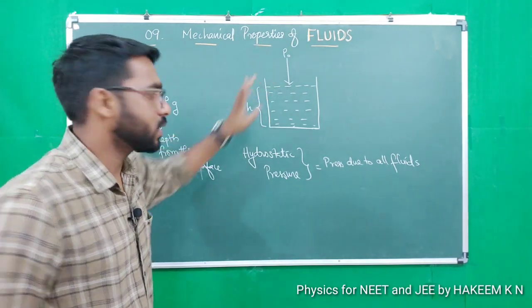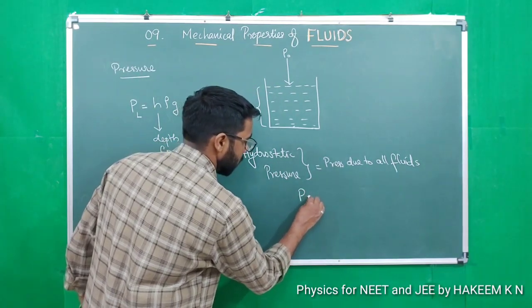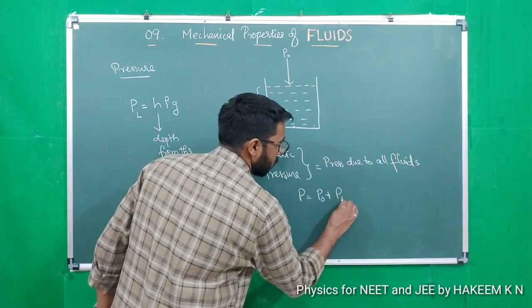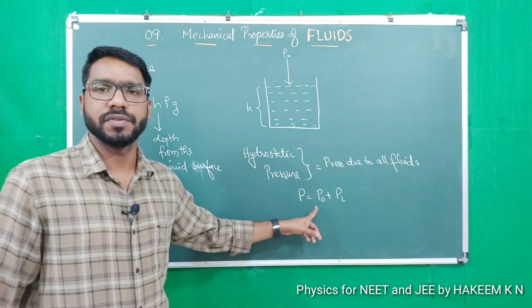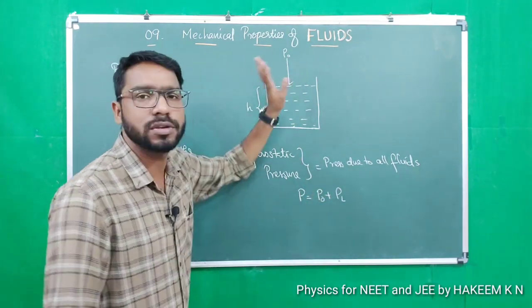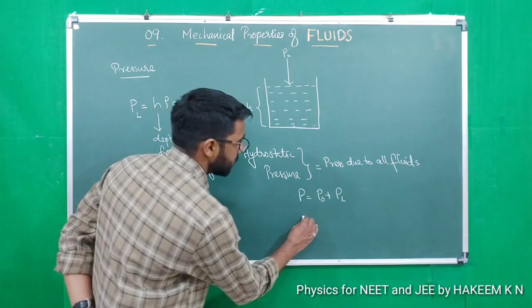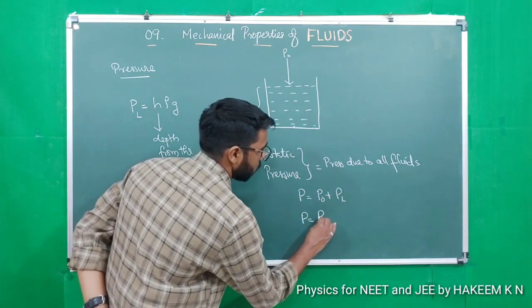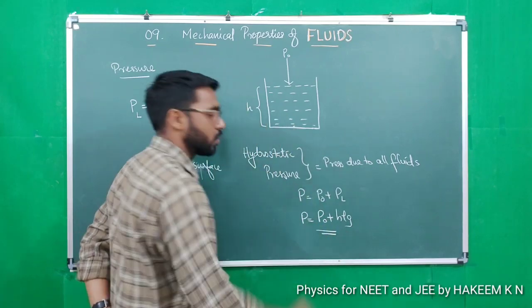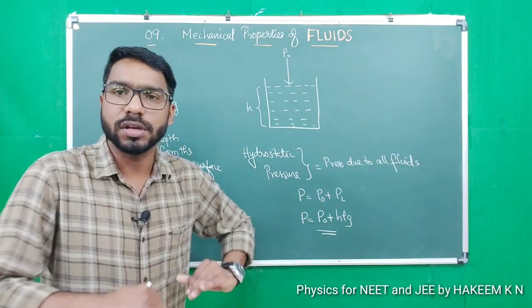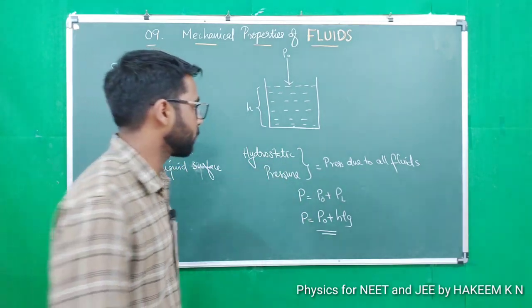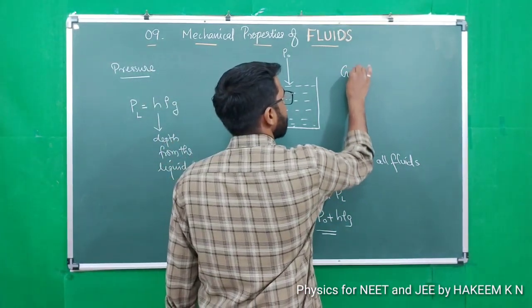So hydrostatic pressure means atmospheric pressure plus pressure due to liquid. Atmospheric pressure is denoted using P naught. That is, P equal to P naught plus h rho g. This is the hydrostatic pressure, the total pressure due to all fluids. And gauge pressure.